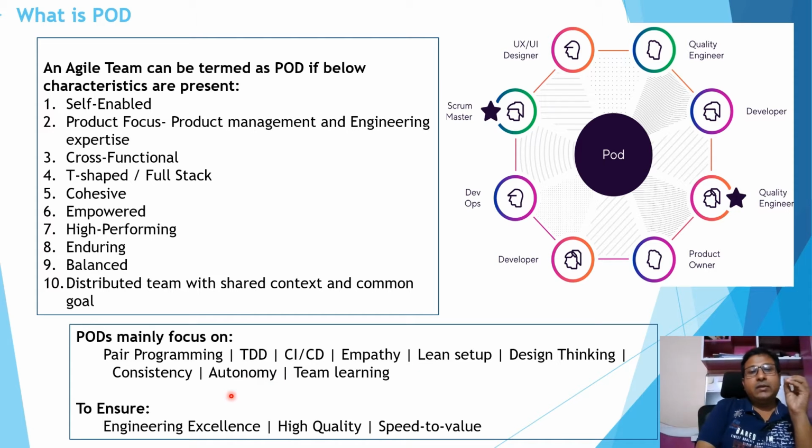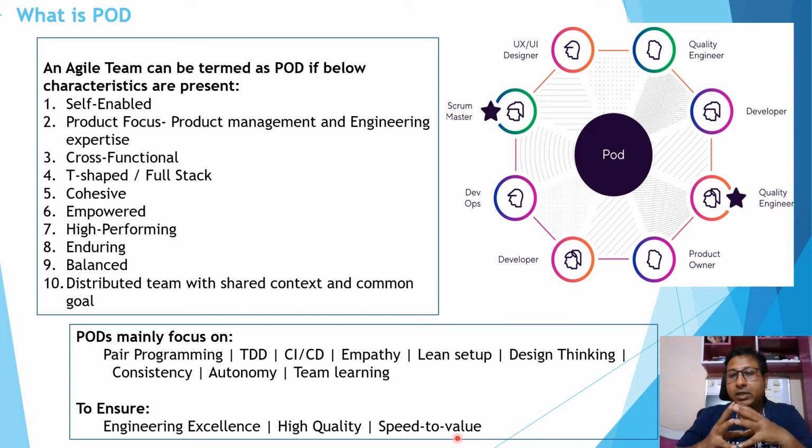What should a pod ensure? Obviously delivery, but alongside delivery, the pod should be imposing best-in-class engineering excellence, high quality and speed to value, and this will be the KPI of a pod. So when we are going for a pod-based model, we should have a clear understanding and set up the expectation accordingly.